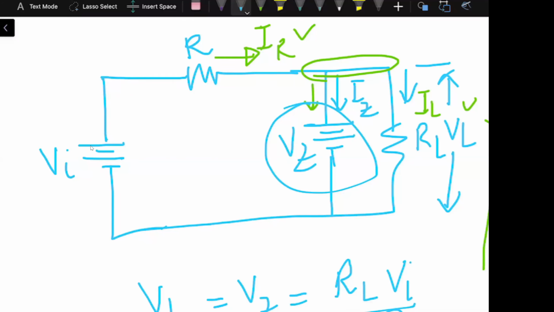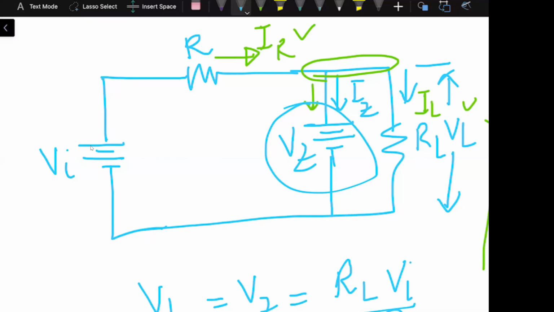Now, if the zener diode is in the on region, once it kicks in, it will not allow the voltage VL to go above VZ, because in the on state it will regulate the voltage at the output, right? And whatever the increase or decrease in current there is in the circuit, it will be passed through the zener diode, and it will try to maintain the output value equal to the zener voltage, right? So there may be different cases.